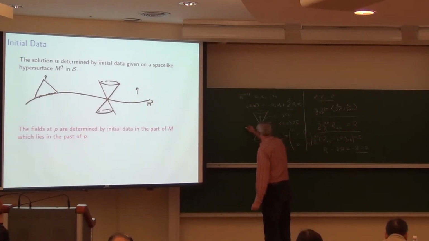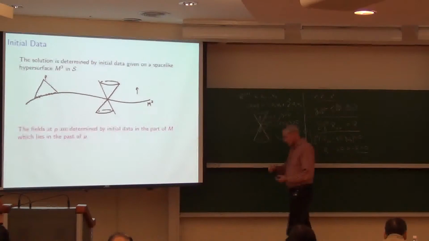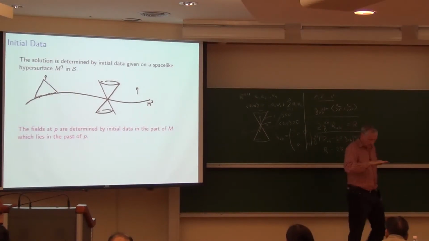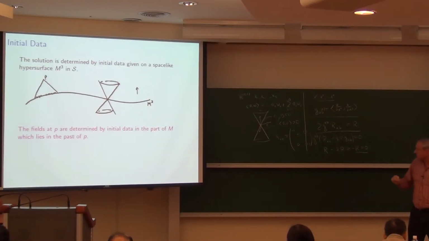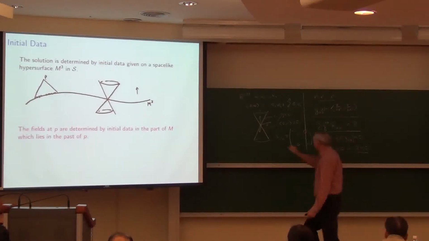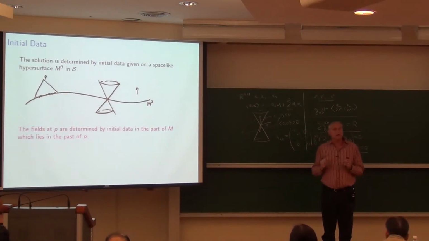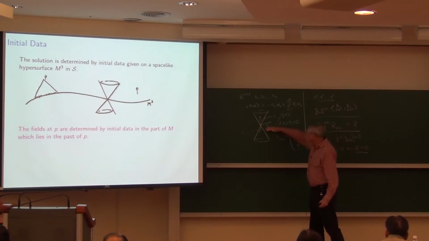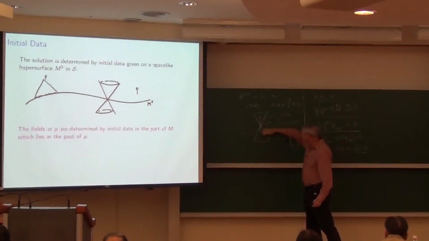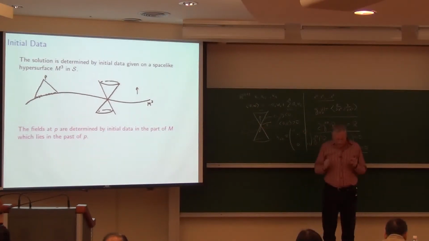A space-like n-plane is one that intersects the light cone only at one point. The property that plane has is that it doesn't contain any time-like or null vectors. So if I take the Lorentz inner product and restrict it to that plane, I get a positive definite inner product.